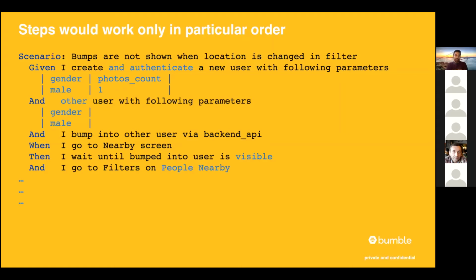For example, here, the order of steps is quite important. First, we make a user to log in. His default name is Sunav. Then let's say we want to use him as Sunav. And further, we want to use this other user in our next step, which uses a backend API.